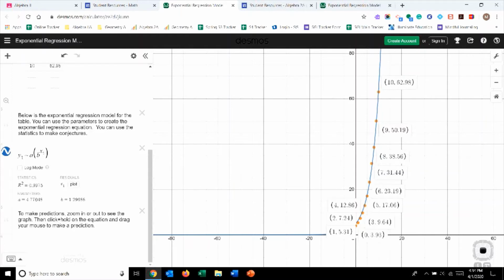So again, the coefficient of determination was 0.9975. A is 4.77. And B is, I'll just round that to 1.30. Okay, so let me go back.